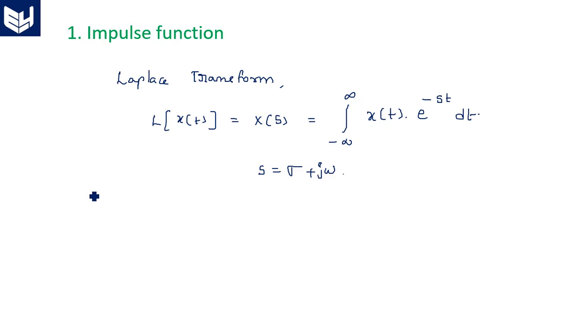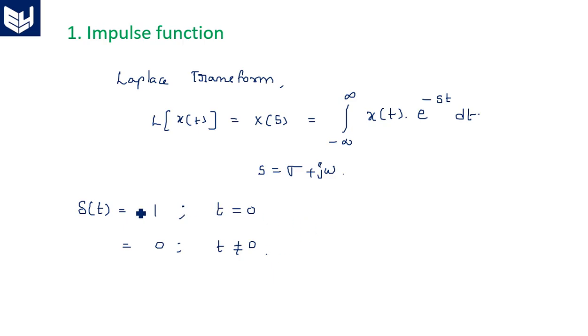Okay, now let us take the impulse function. Coming to our question, the impulse function exists only at t equal to 0, and for the rest of the time axis it simply has 0 amplitude. So the impulse function is defined as del of t equal to 1 only at t equal to 0, and it is equal to 0 for all the remaining time axis.